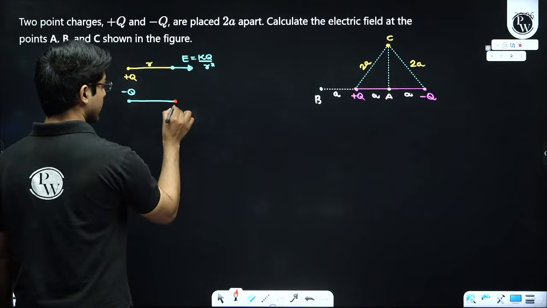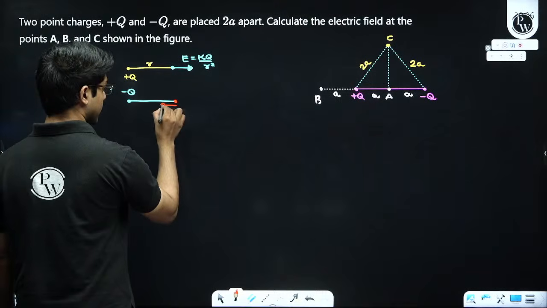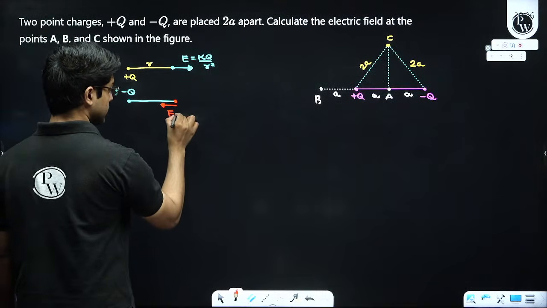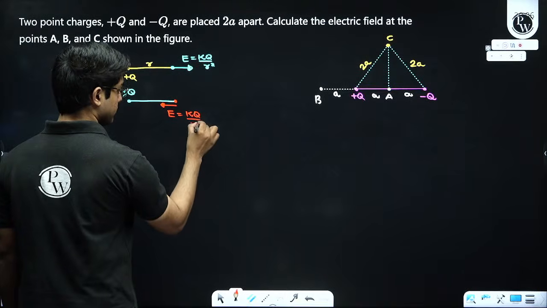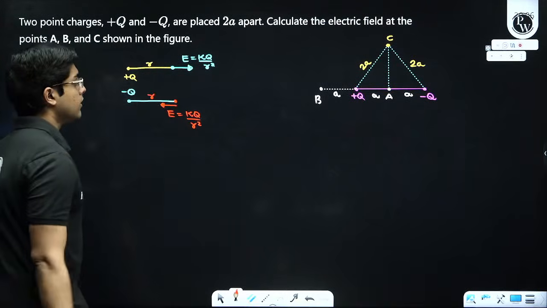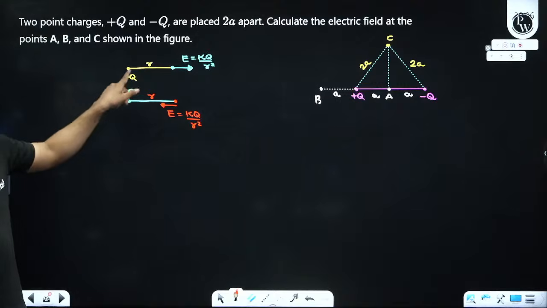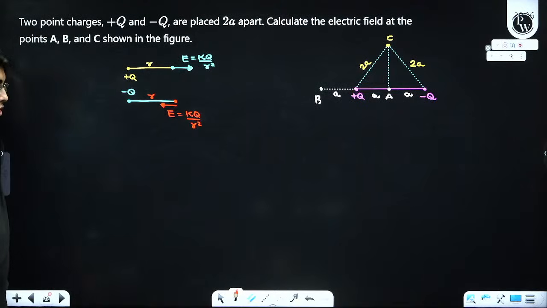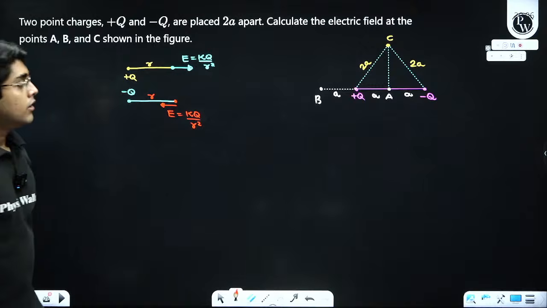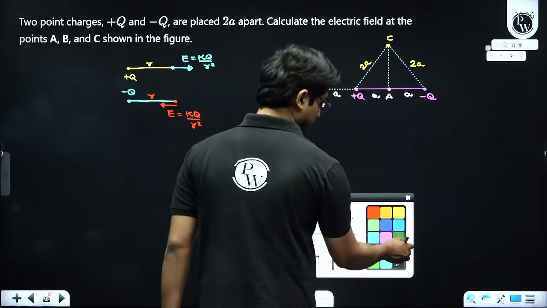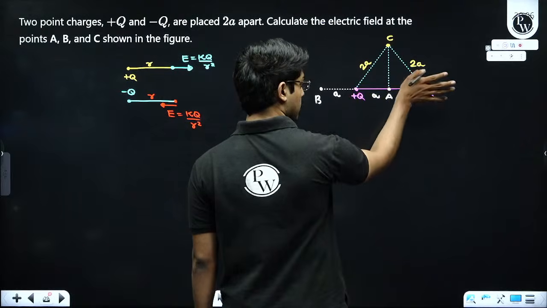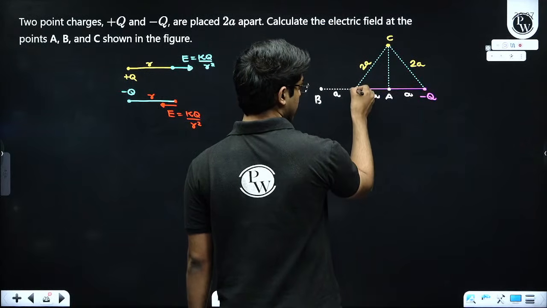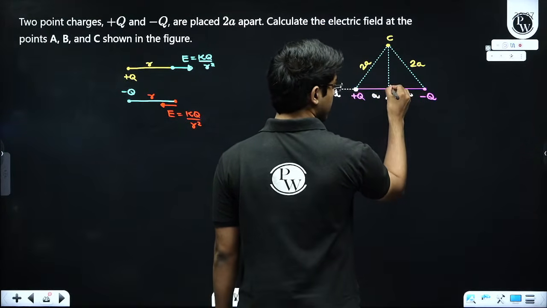It will be radially inwards. Magnitude is still the same, kq by r square. This is how we write the field due to a plus q charge and a minus q charge. Now let's say we want first the field at A, at this location. First ignore minus q and just take a look at plus q. So the field will be in this direction.